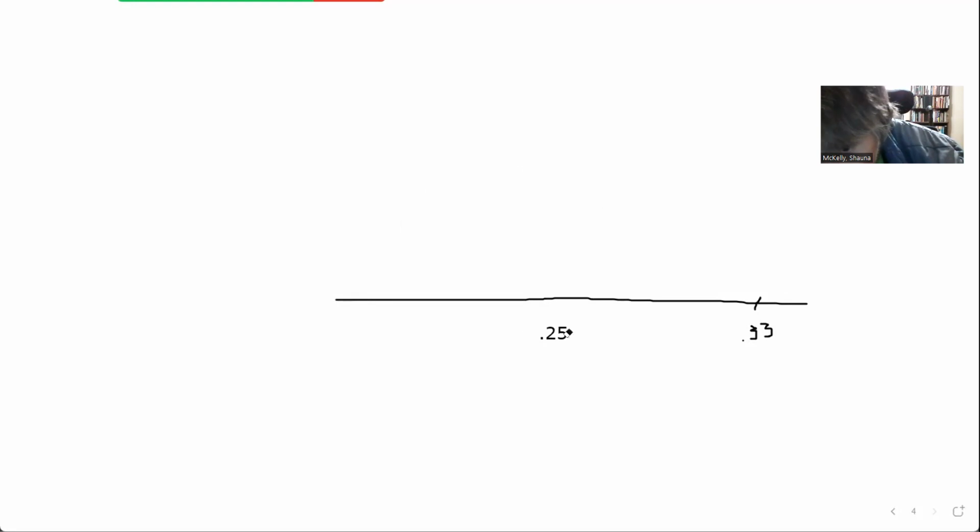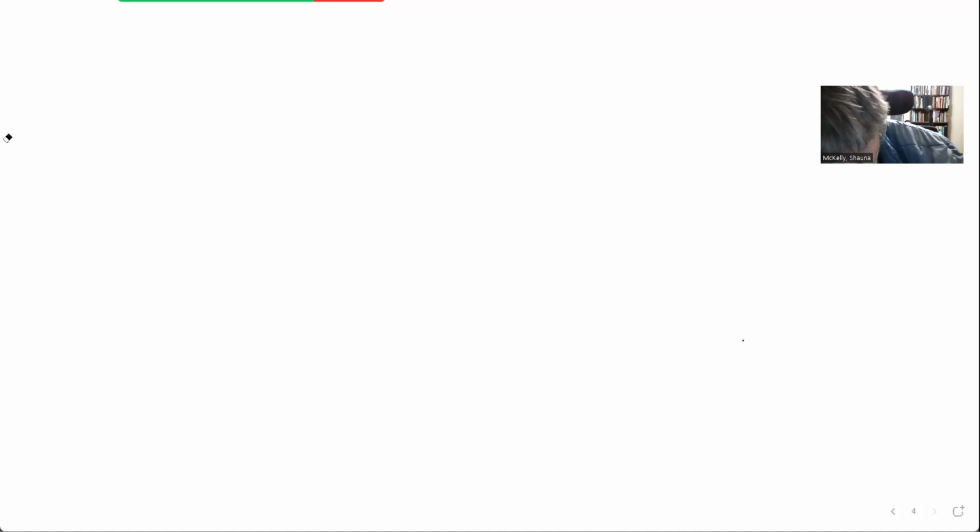I'm going to move these tick marks after I draw my distribution.